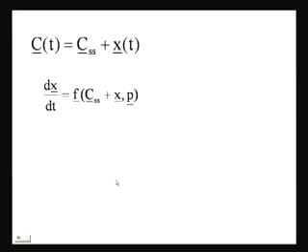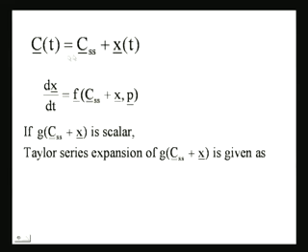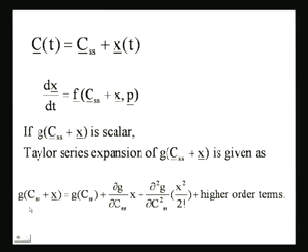So what we realized in the last class is that we have to do a Taylor series expansion. So C(t) is written as C_ss plus x. We have to do a Taylor series expansion of C(t) about the steady state C_ss. So we take the function f, which is a function of C(t), where C(t) is written as the steady state plus the deviation, and a function of the parameters. Now if we are to do a scalar Taylor series expansion for a certain scalar g, this is the way we write it: g(C_ss plus x) is g(C_ss), that's the zeroth order term.